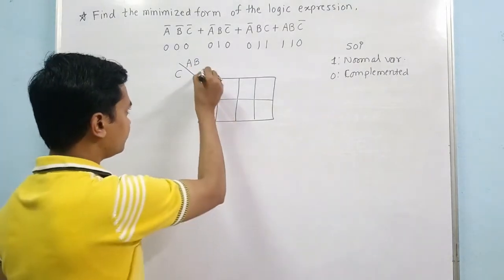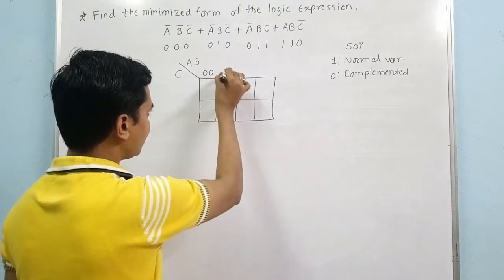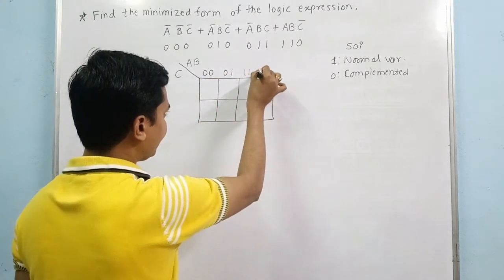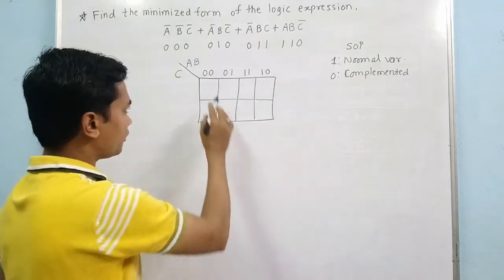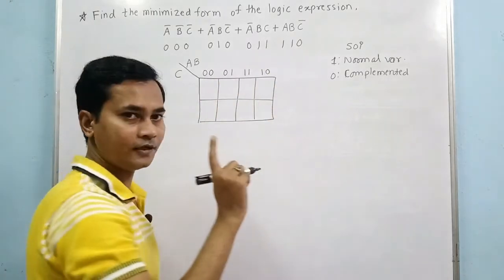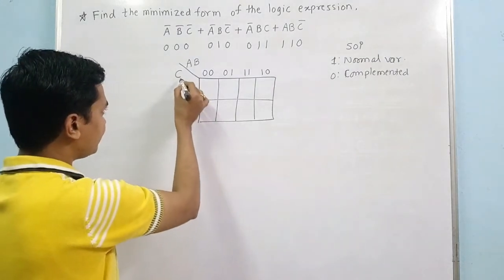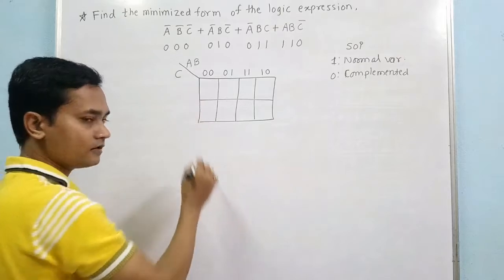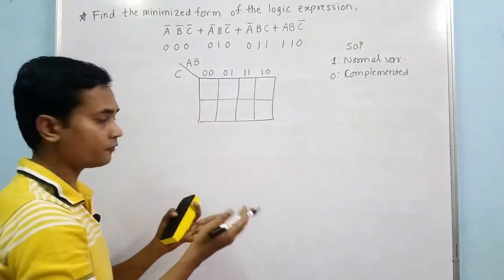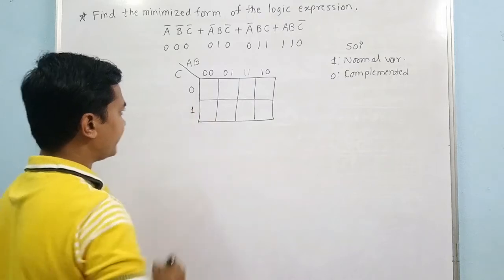As we have seen in the previous video, write 0 0 first, then 0 1, then 1 1, and lastly 1 0, because each consecutive bit combination should have only 1 bit change. For the c variable, only one variable is there, that means 2 raised to 1 equals 2, so we have only 2 combinations, 0 and 1.